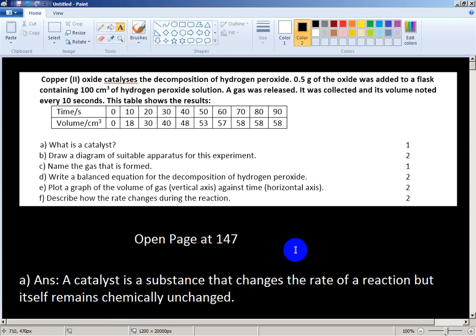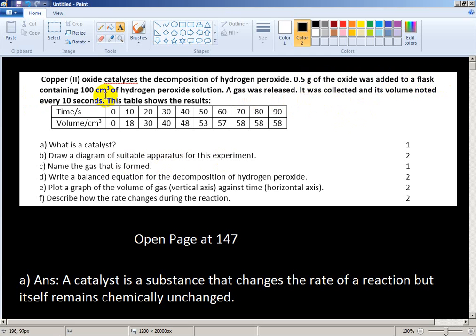Okay, first one solved. Now the second question is, draw a diagram of a suitable apparatus for this experiment. So which apparatus was used? 0.5 gram of copper oxide was added to a flask.